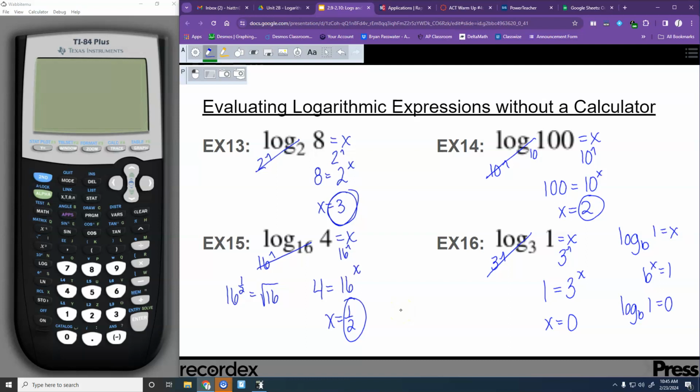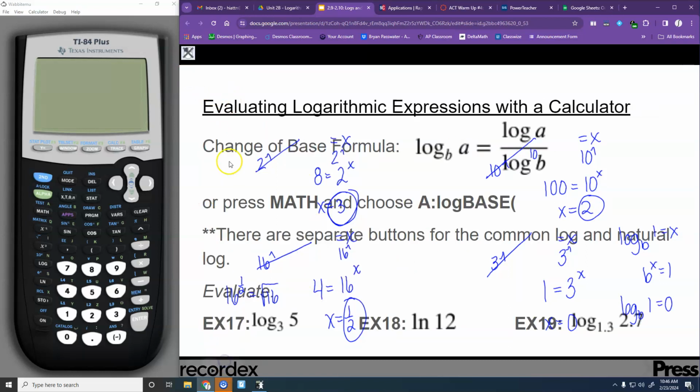Okay, so if you're asked to do these without a calculator, you want to just rewrite it as exponential, and then in that exponential, you should be able to figure out what the exponent should be, because they should be whole numbers. But you're also going to see these with a calculator, and they're really pretty simple to do with a calculator.